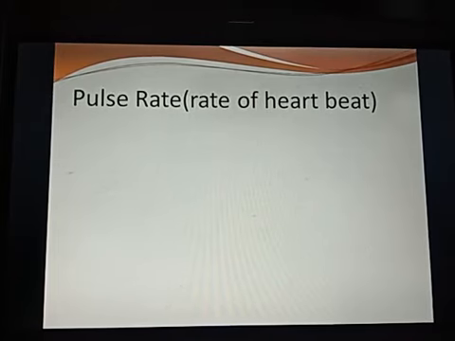Now the next thing is the rate of the heartbeat, or the pulse rate. How can you measure the pulse rate? You can put your index finger on your wrist, and superficially, if you try to feel the radial artery of your wrist, you will find a pulsating sensation. That only gives you the correct pulse rate.